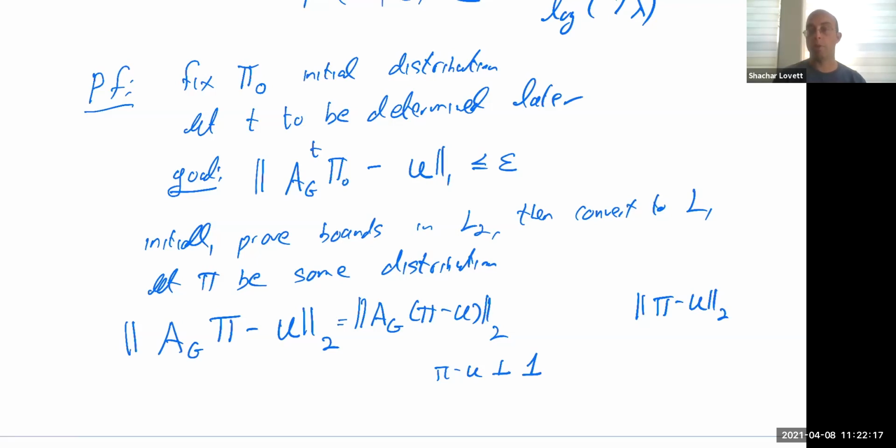U is another distribution that sums to 1. Their difference sums to 0, so the difference is orthogonal to the all 1 vector. Now we can use the definition of expansion: any vector orthogonal to the all 1 vector is hit by eigenvalues that are at most lambda. So it shrinks by a factor of lambda. That's at most lambda times the L2 norm of pi minus u. Okay, so that's the main step here.